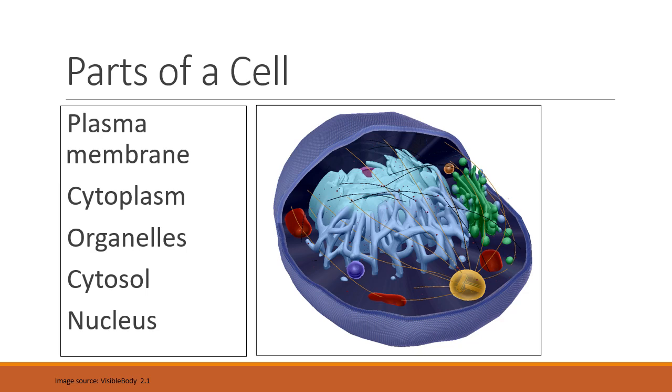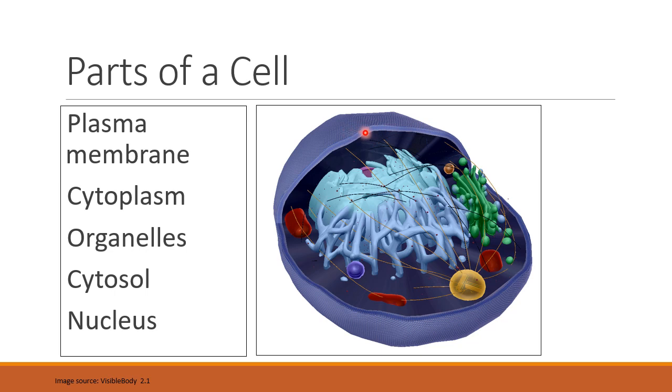So when we're looking at a cell, this is kind of an image here. This is from Visible Body. This is a three-dimensional makeup of the cell. Now, with that cell, the first thing here is this plasma membrane. We've talked about that a few times already in class.